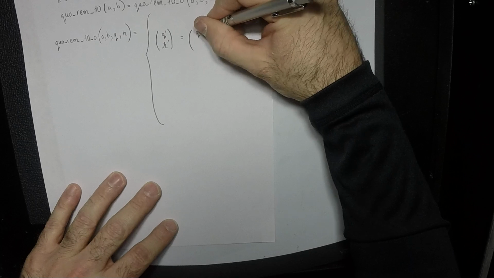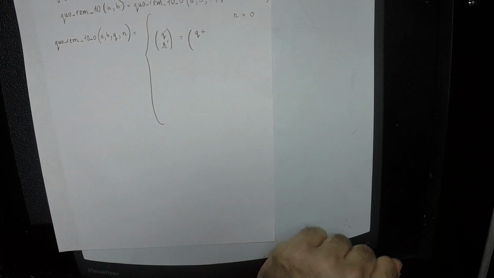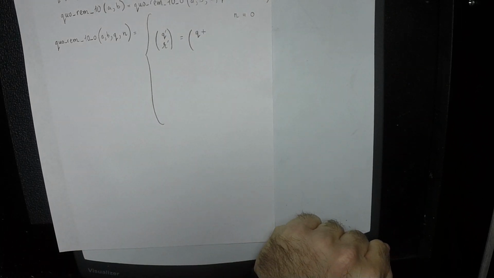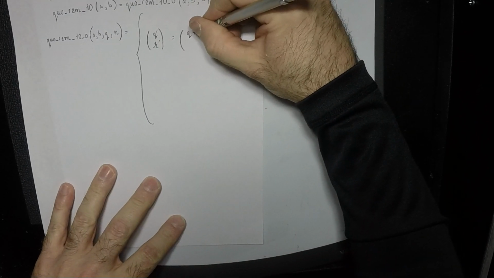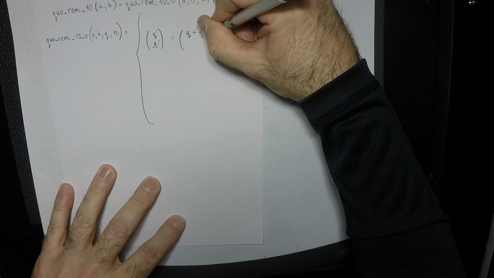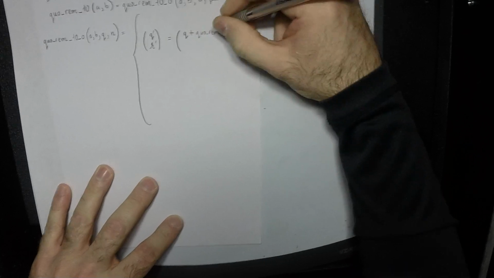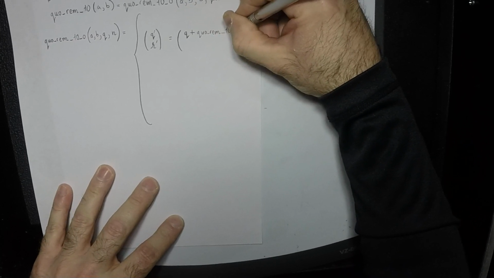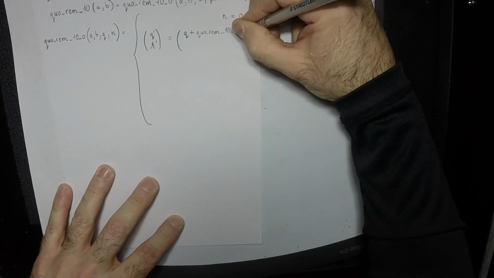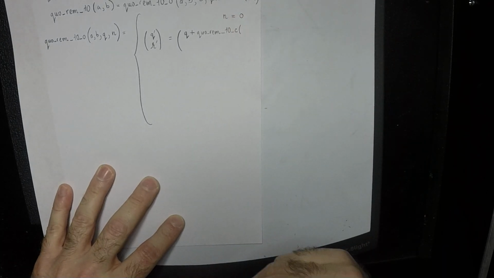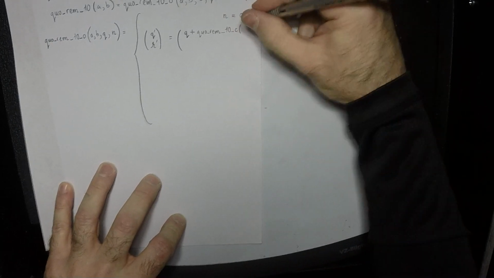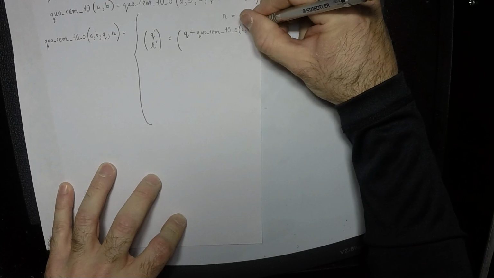Now, if only we had some kind of function to compute c. But we do. So this would be plus quo rem 10 c, and then what arguments does it need? A and B, whatever the current values of A and B are.